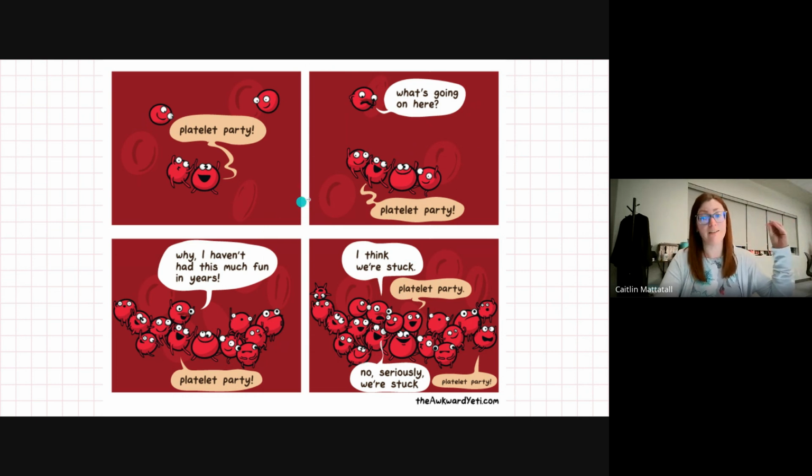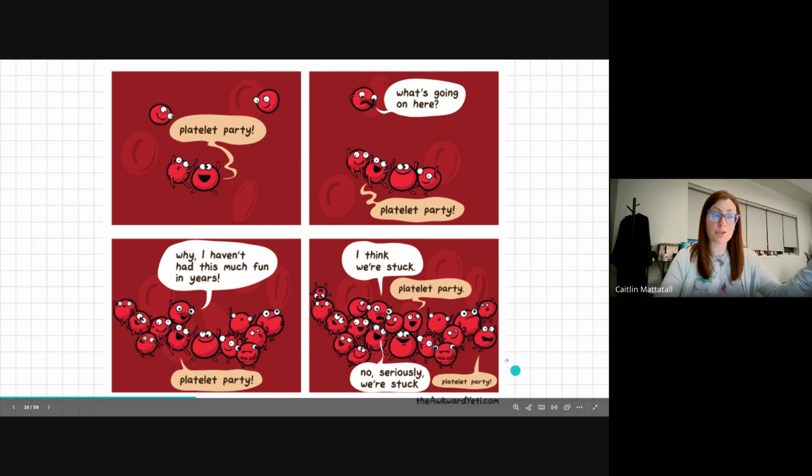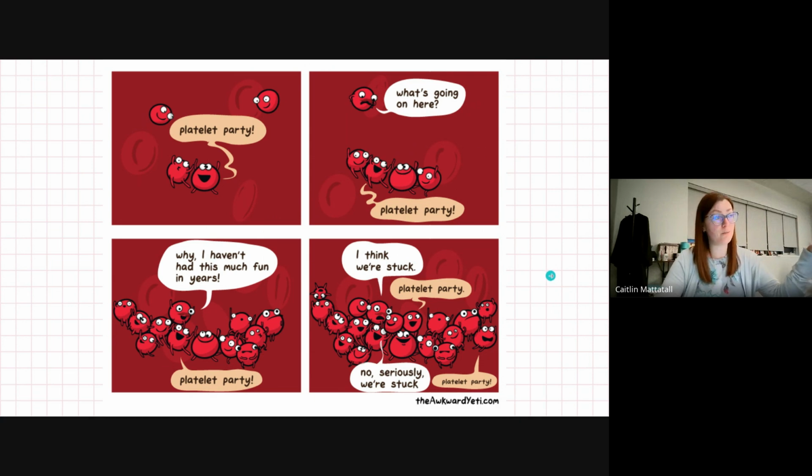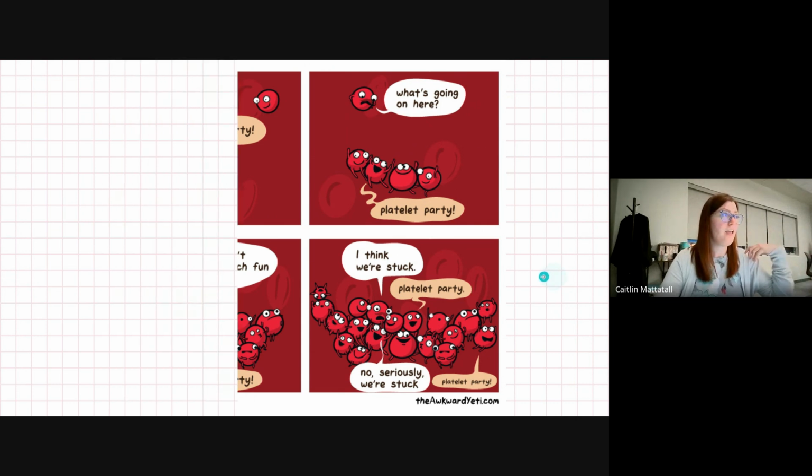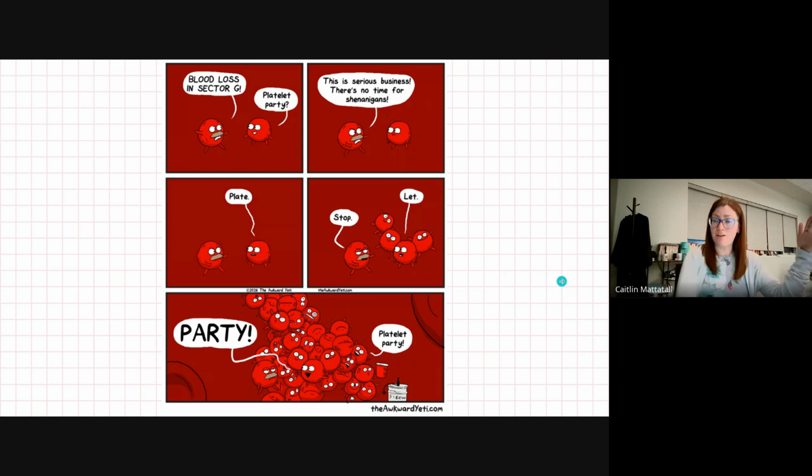But I died. And then the Awkward Yeti illustrator, comic writer guy came out with another one, which made me laugh even harder because our little mustachioed platelet got a little bit more serious looking. So we move on to a different scenario where we have blood loss in Sector G. Platelet party. This is serious business.